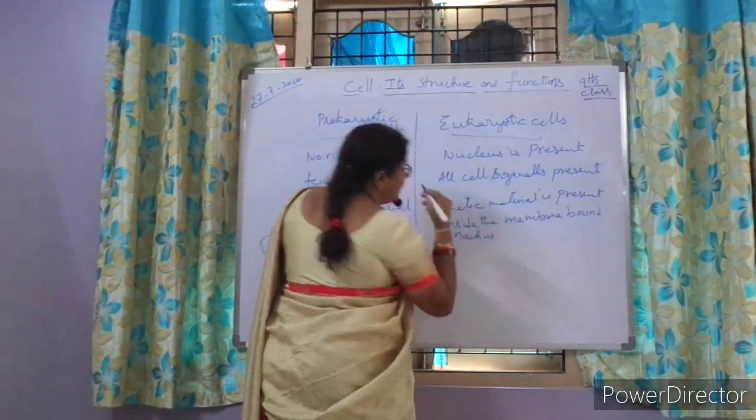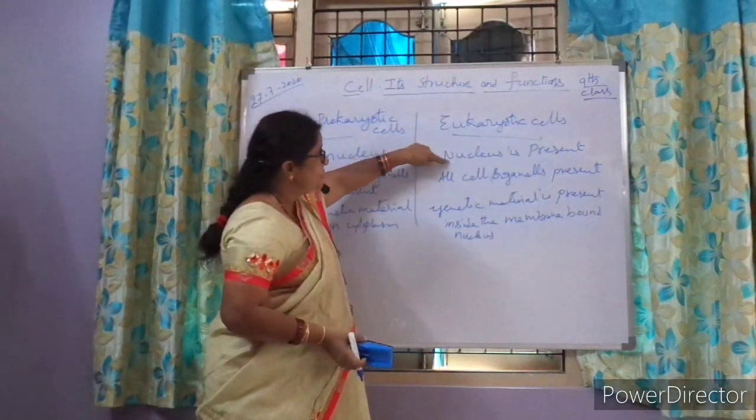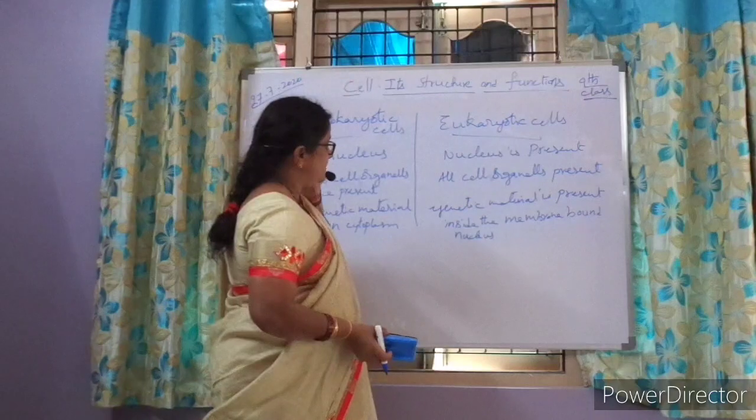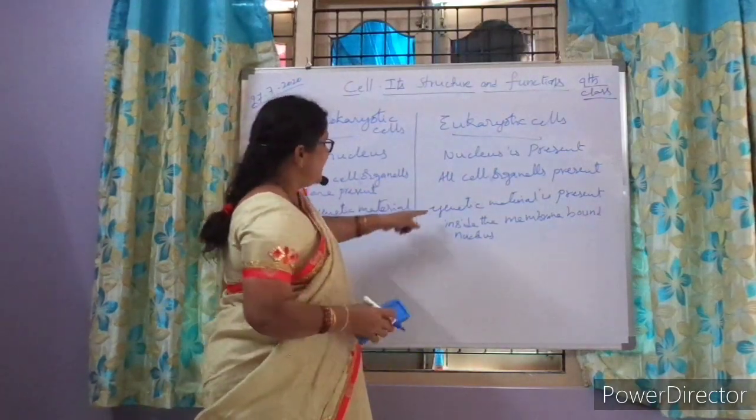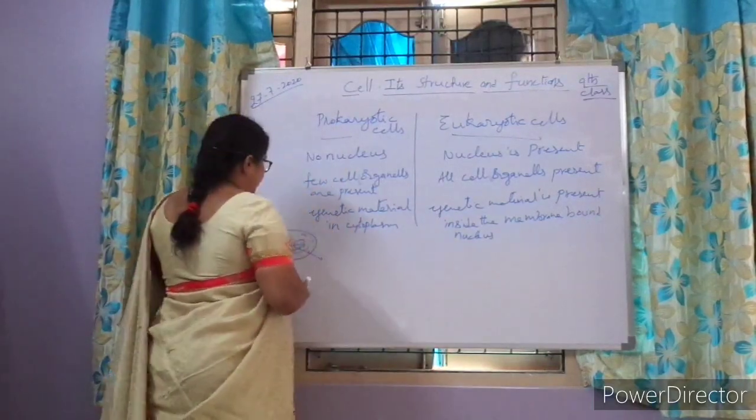Have you followed, children? In eukaryotic cells, the nucleus is present, a membrane bound nucleus is there, no? So that genetic material is present inside that nucleus.